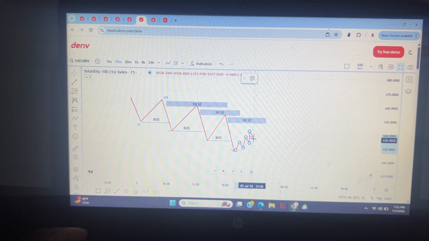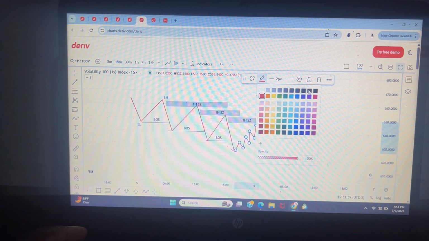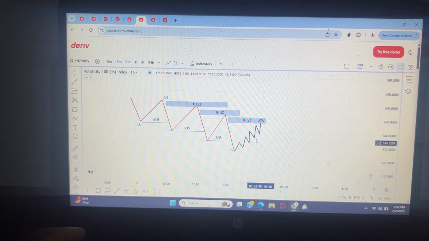Higher highs, higher lows, higher highs, higher lows on the 15-minute, right? Price doing that. I'll change the color back to black. So yeah, this is the 15-minute time frame right there, with price making a pull back on the 15-minute, making higher highs and higher lows.